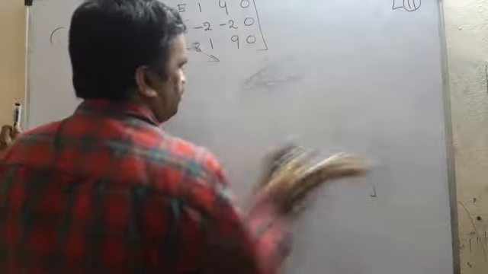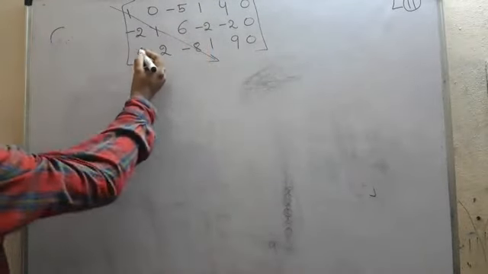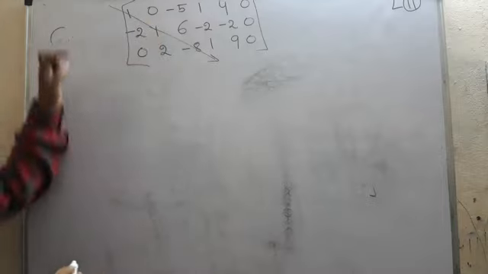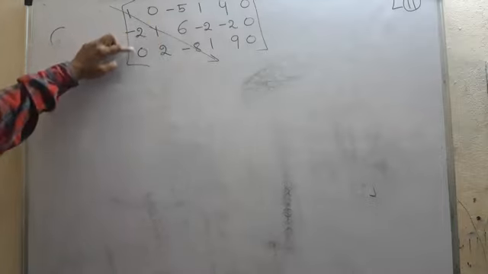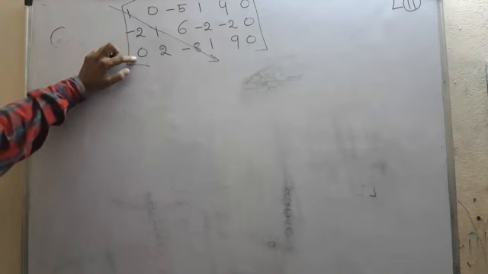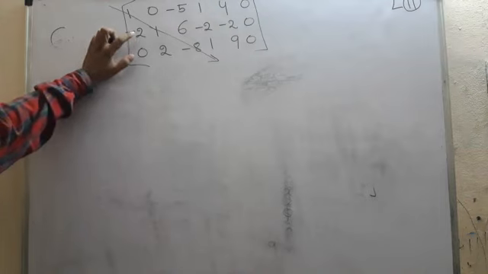Now continue. In the first column, we see 1, minus 2, 0. We have to make the two elements below this 1 equal to 0. The third row already has 0. I make the second row element, minus 2, also 0: minus 2 plus 2 is 0.